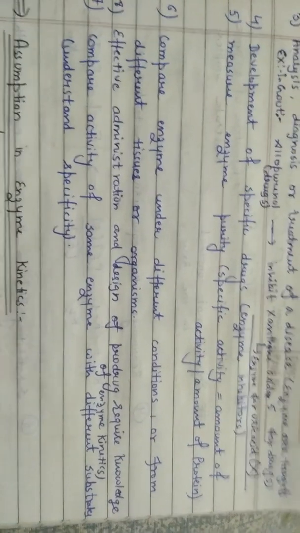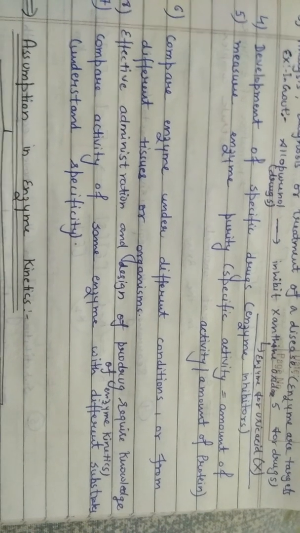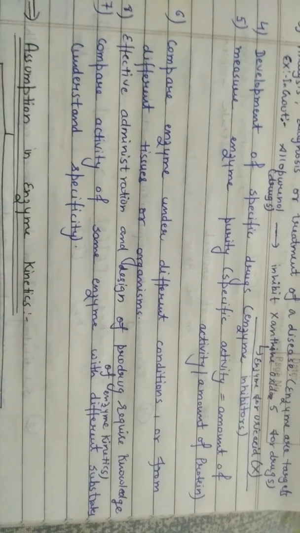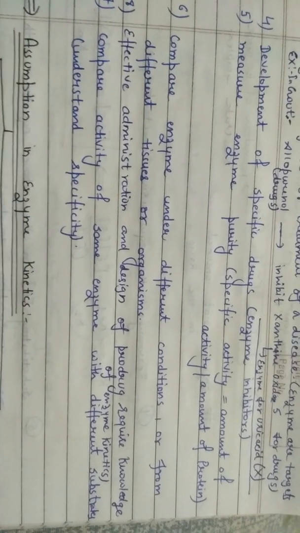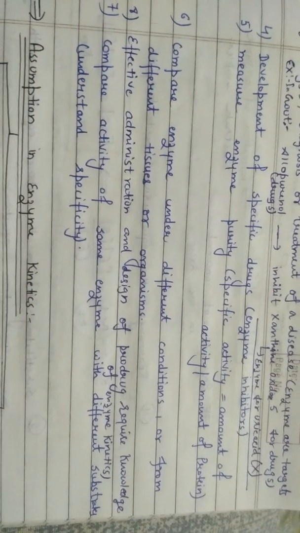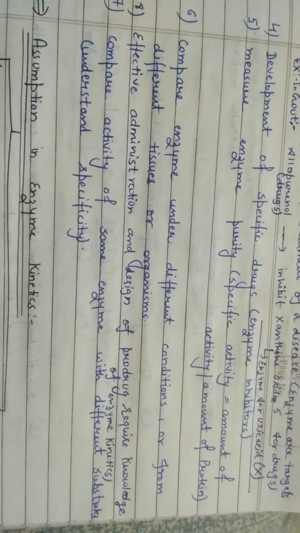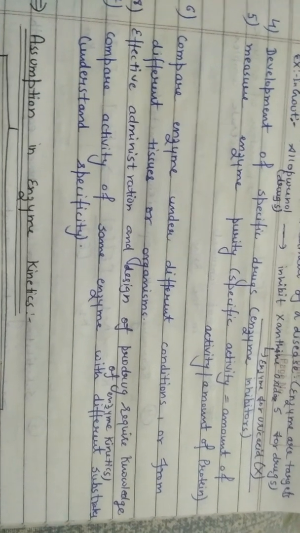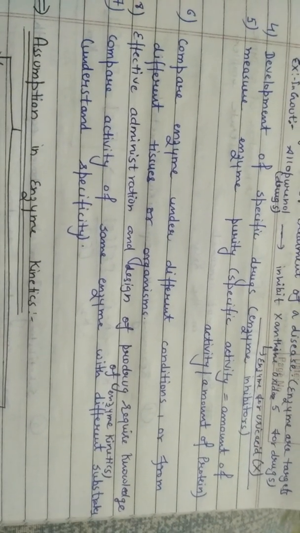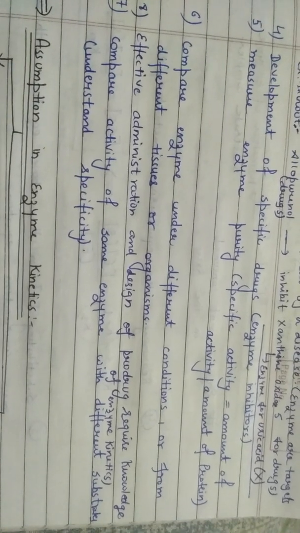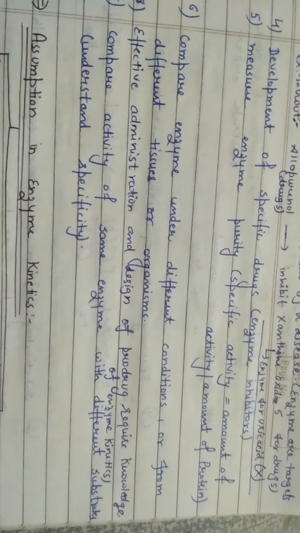Even effective administration and design of a prodrug require knowledge of enzyme kinetics, because we synthesize a prodrug which can inhibit the function of a substrate inside the body. So it becomes important to know the mechanism of that prodrug and how it can affect our body system.